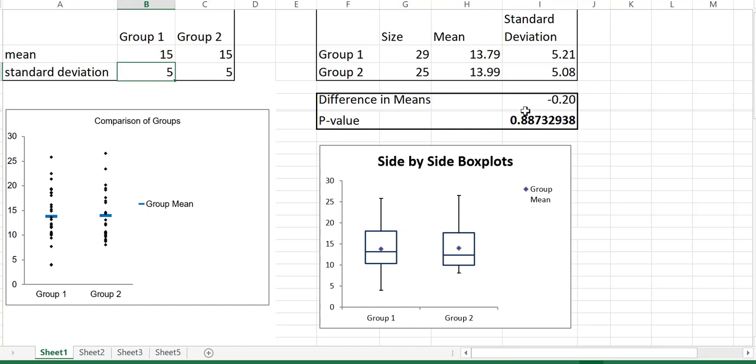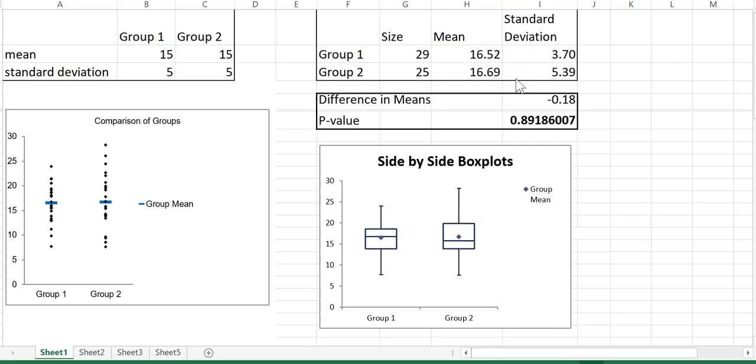So I could try this again. I'm going to just refresh it and it'll draw a new sample.